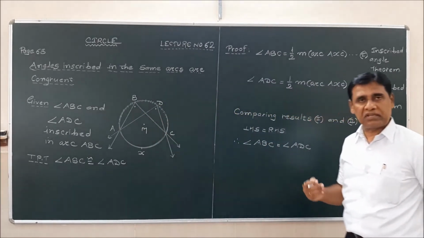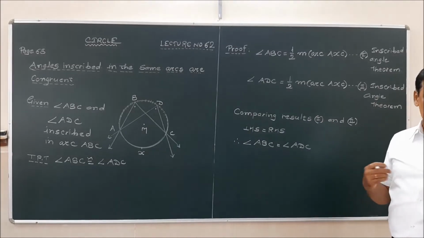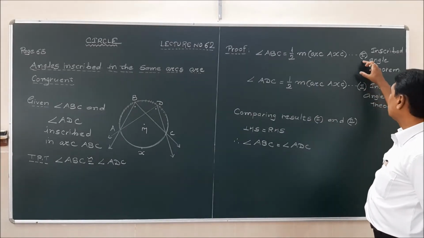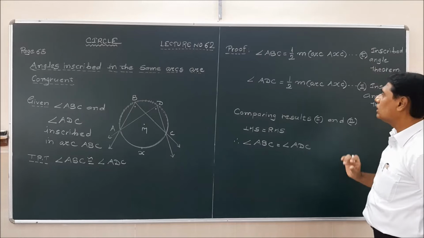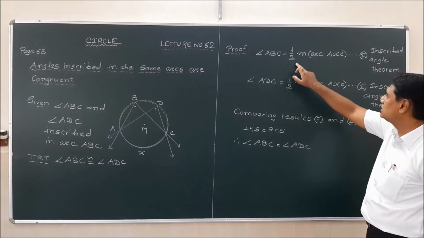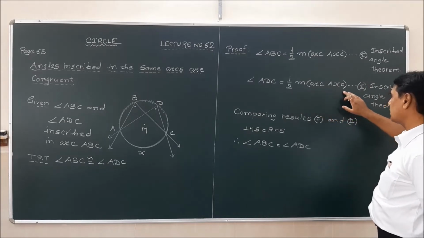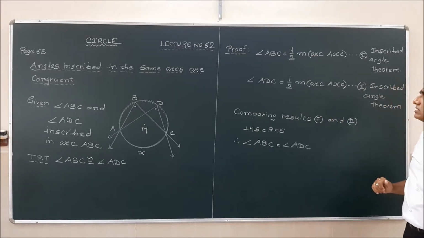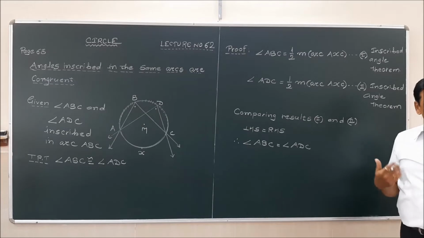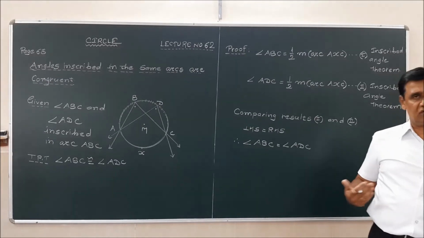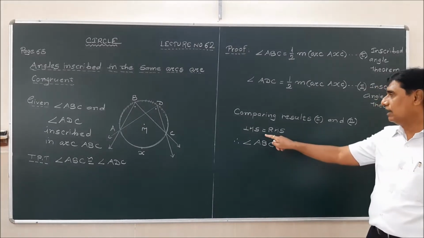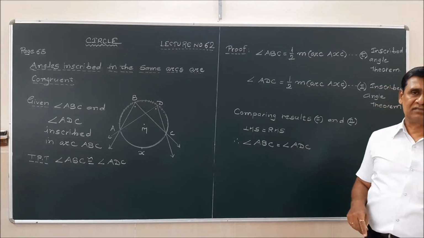So what you notice here, if you compare results 1 and 2, surely you will find the right hand side is half of major arc AXC, and here also the right hand side is the same, half of major arc AXC. So this gives us a very important conclusion: LHS is equal to RHS.